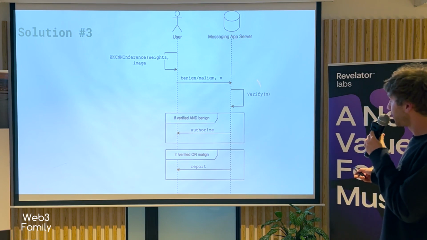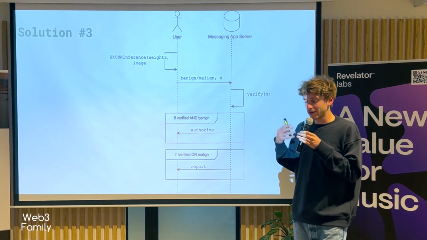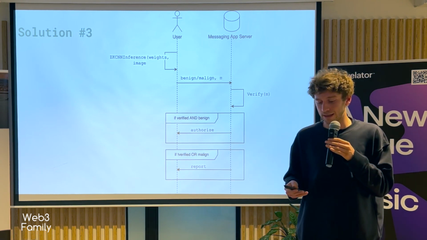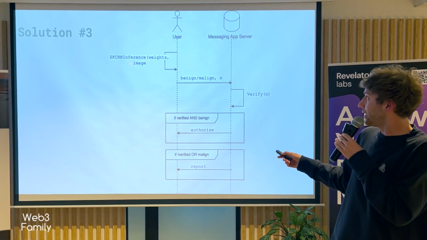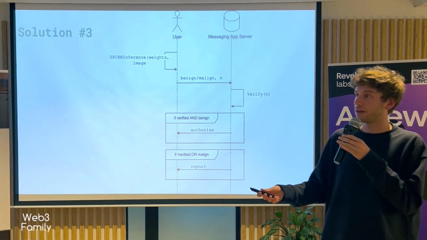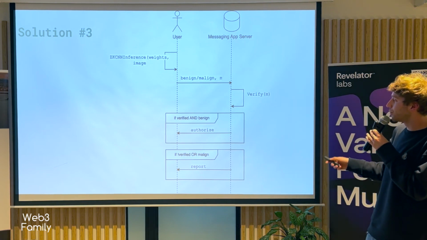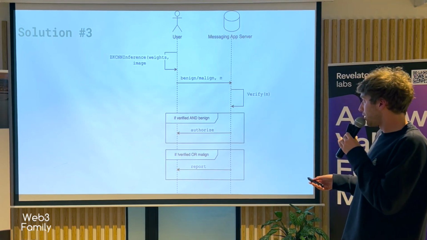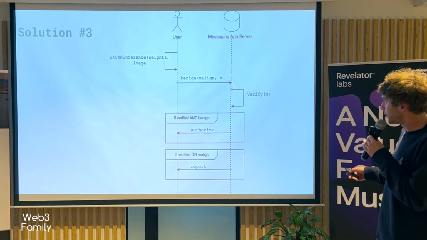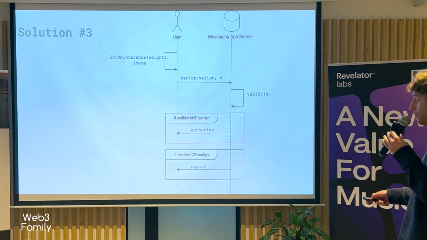Once this verification is performed, the messaging app server is confident that the user actually ran this CNN inference function on their local device, and is not just giving them some output out of nowhere without running any function. And according to the output, if the proof is verified, they can either authorize or report the user.